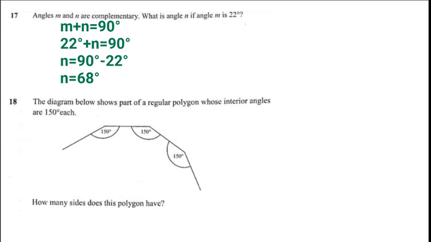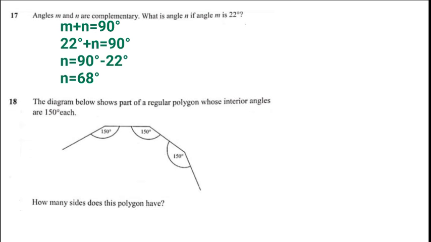When we talk about a regular polygon, we are talking about a polygon that has equal interior and exterior angles, and the sides are also equal. Now the question is, how many sides does this polygon have?